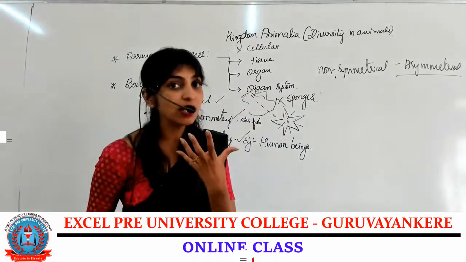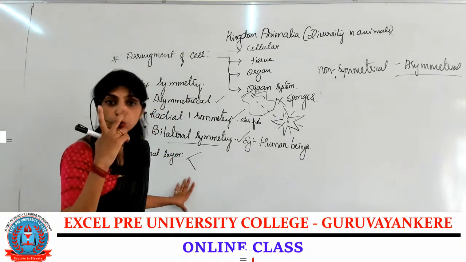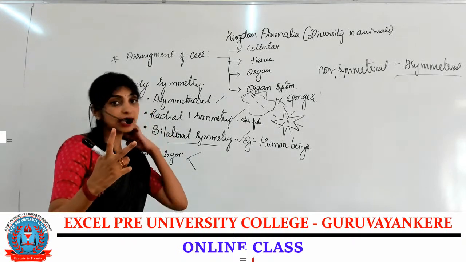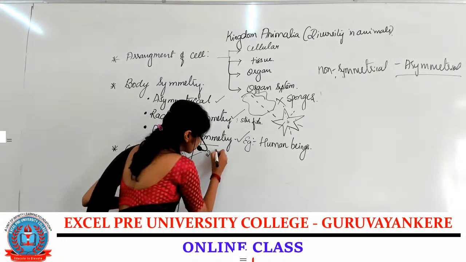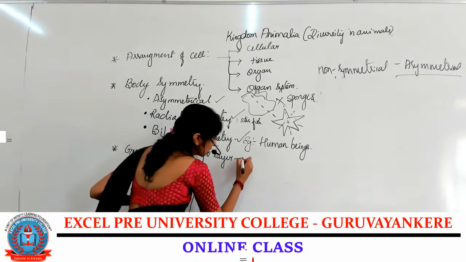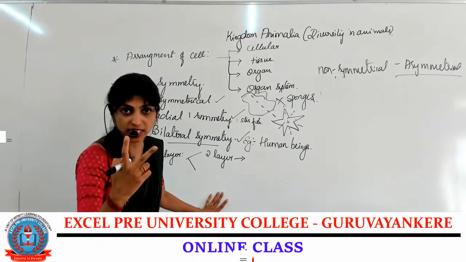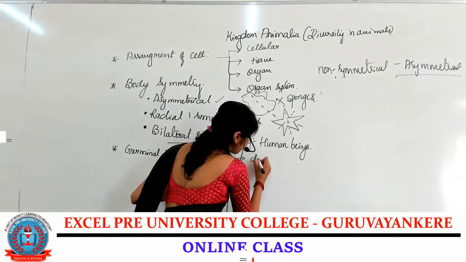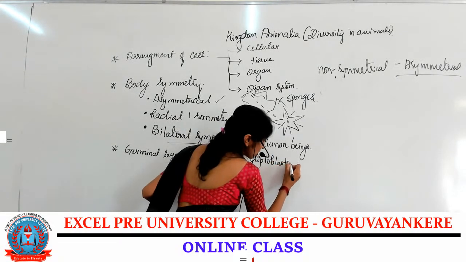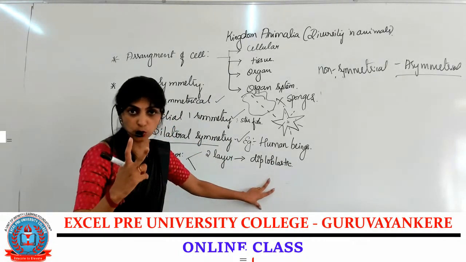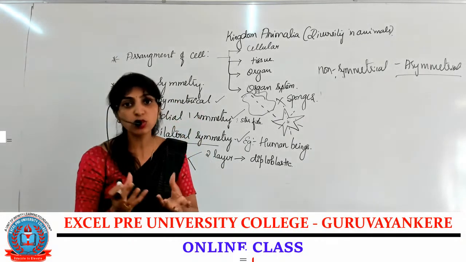In that embryonic stage, if the embryo develops into two body layers, as in the lower organisms, we call them diploblastic organisms. Diplo is nothing but two, and blastic is nothing but layers. In the blastula, they have two layers.